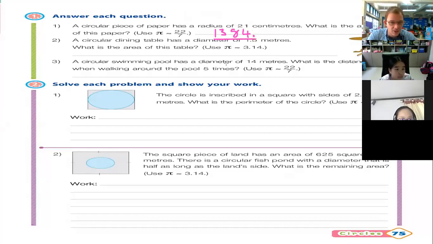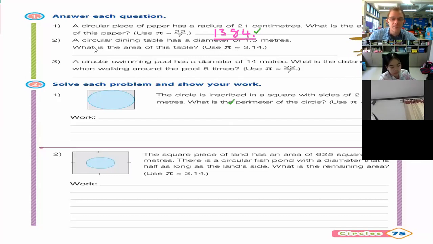So I will say this answer is 100% correct. Okay. So with these questions, the one thing we should also understand is they take a little bit of time to calculate. So when we're writing a test or an exam, don't leave these questions to the last minute, because they take some time to calculate.